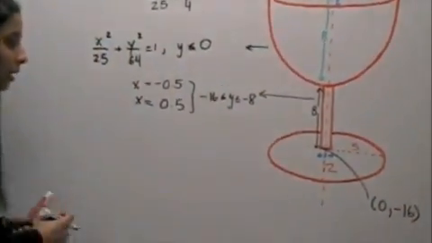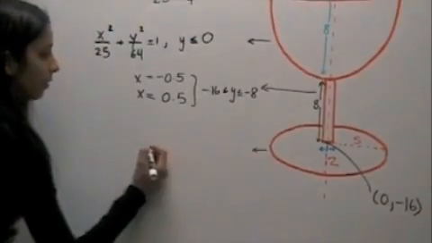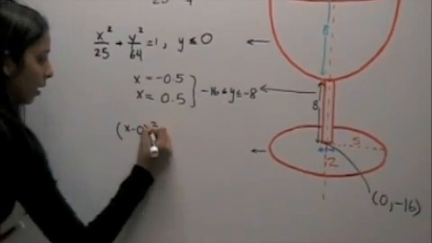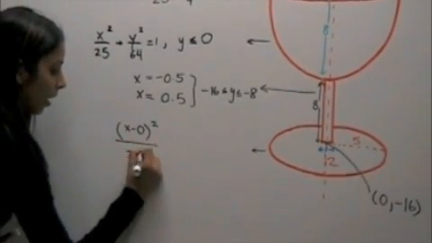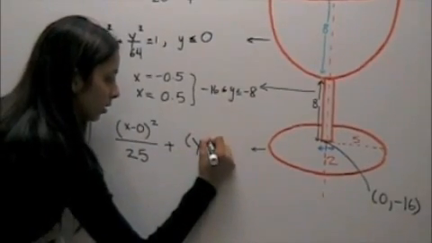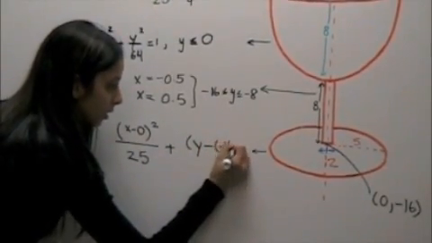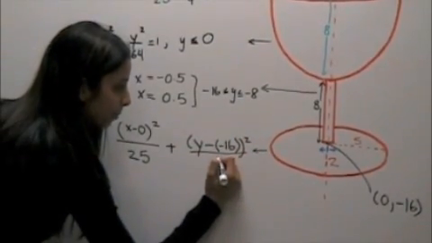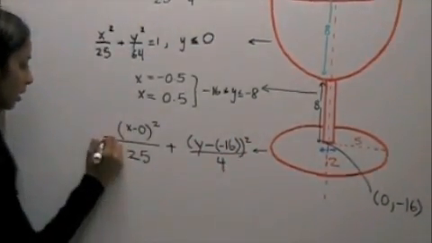Therefore, the equation of my ellipse here is given by (x minus 0) squared over 25 plus (y minus (minus 16)) squared over 4 is equal to 1.